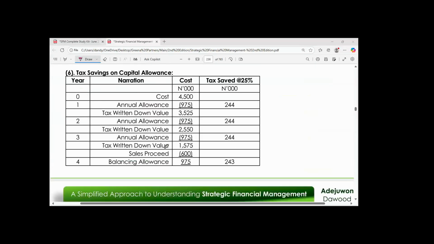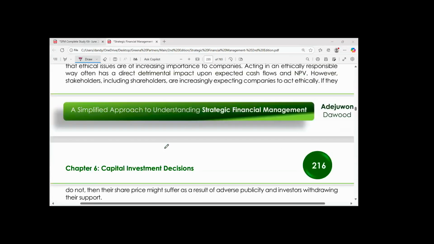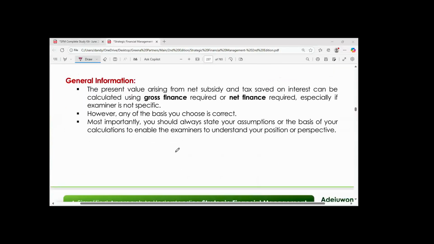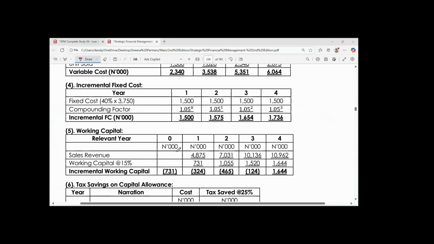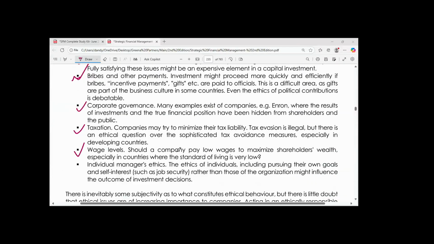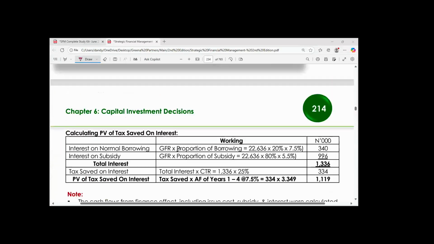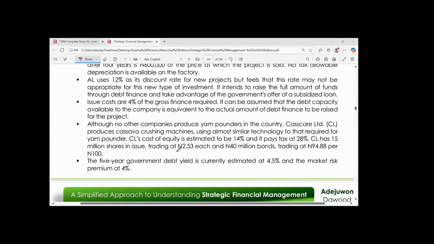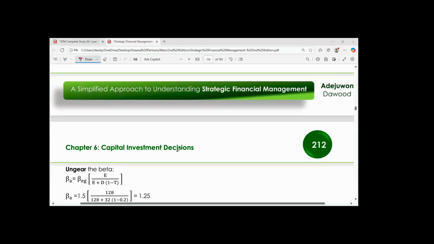Not only that, it is also possible you may want to calculate your PV of financing effect using the net finance required. How do you treat it? So try and look for several illustrations that you can lay your hands on, to gain more insights on how to calculate adjusted present value.